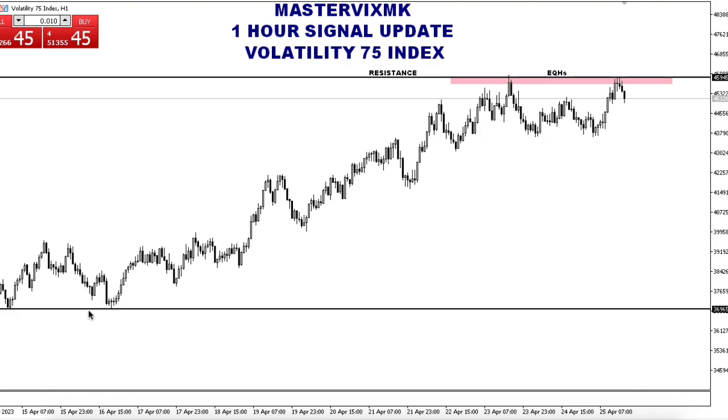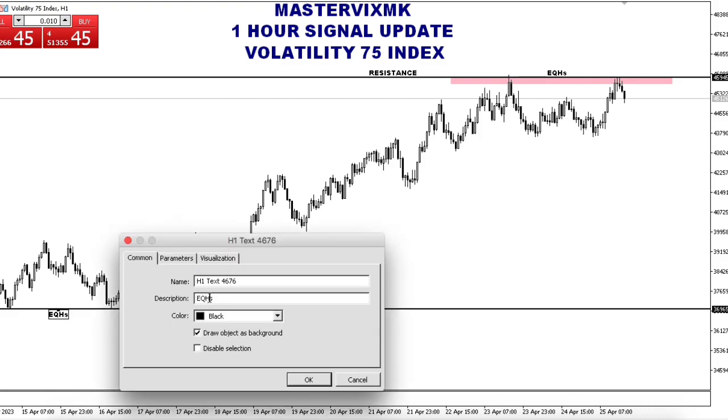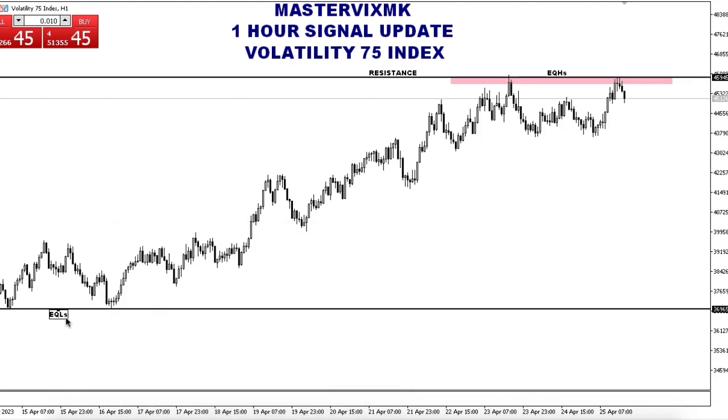So we have now gathered the second piece of information about this market. We have equal highs, and we have equal lows, which predicts our resistance and support on this 1 hour.